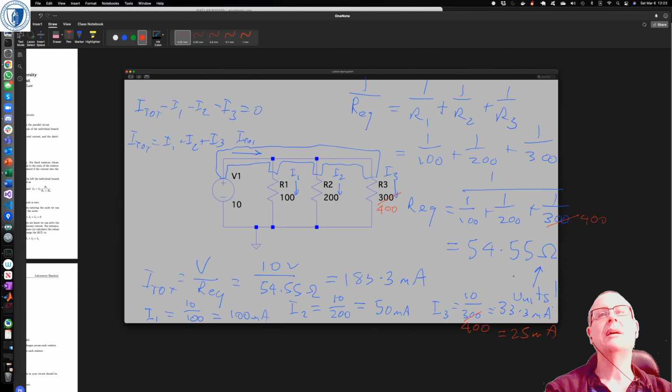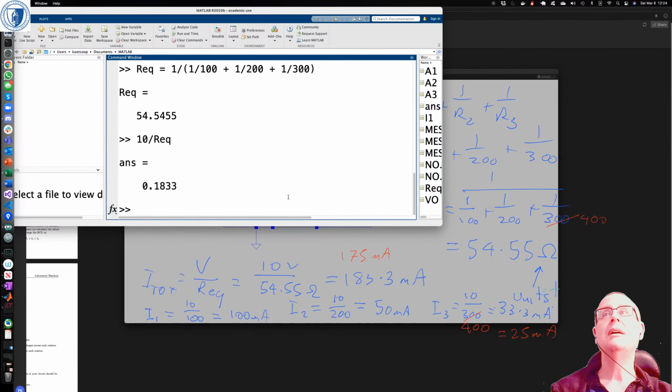So I suspect this is going to be 175 milliamps, right? And I don't know what that is. Let's just do that calculation in Matlab.